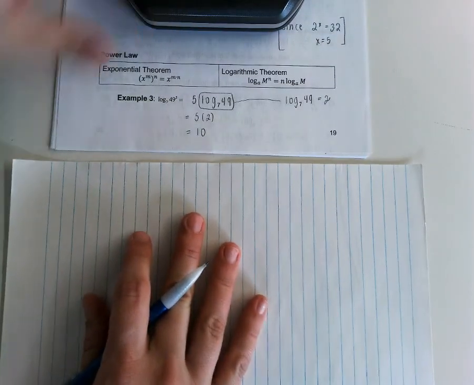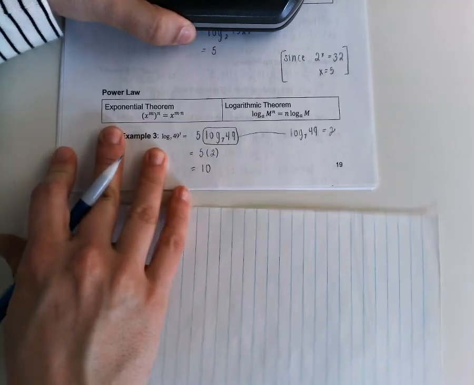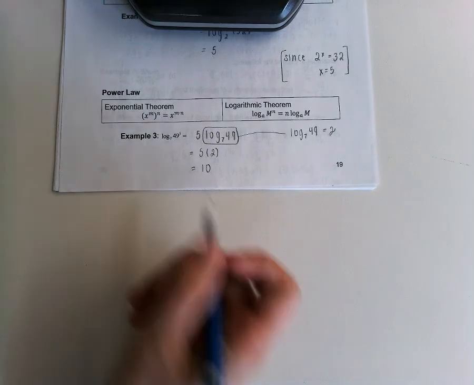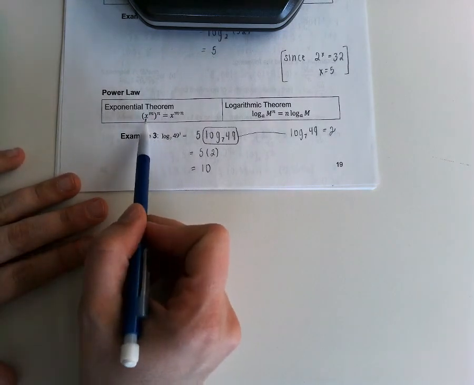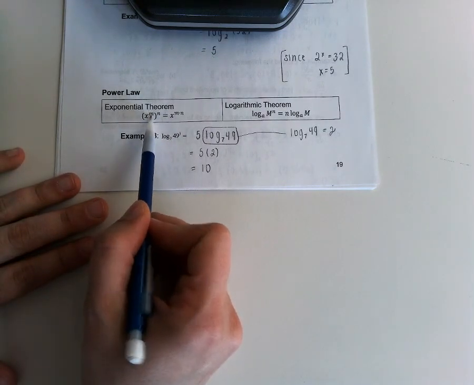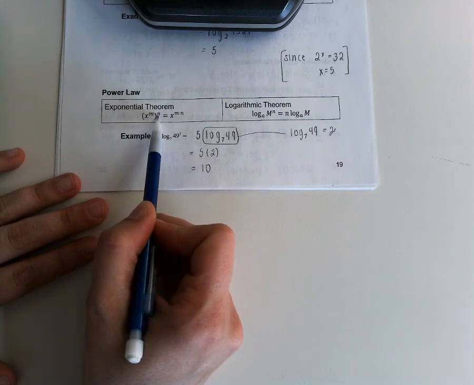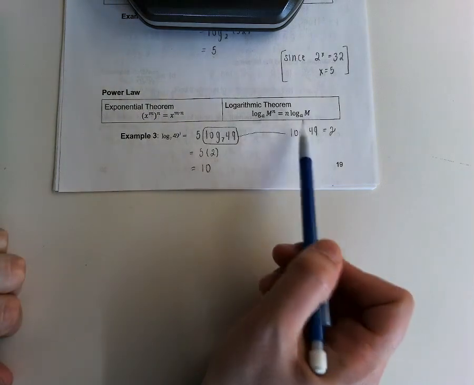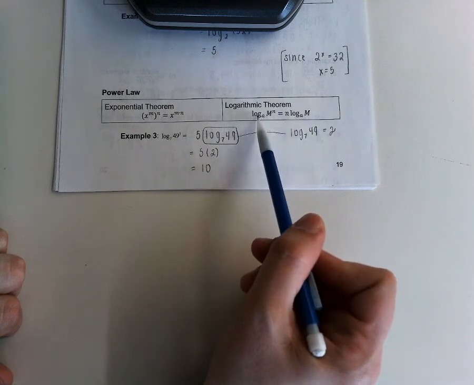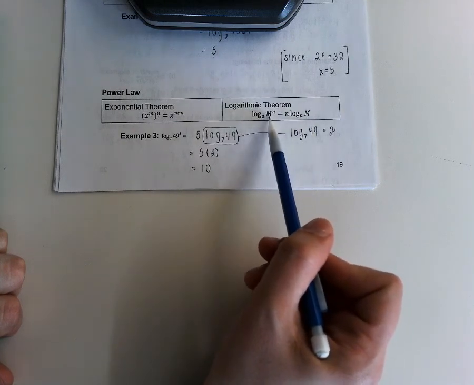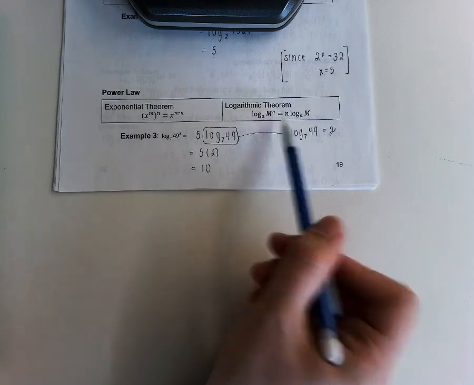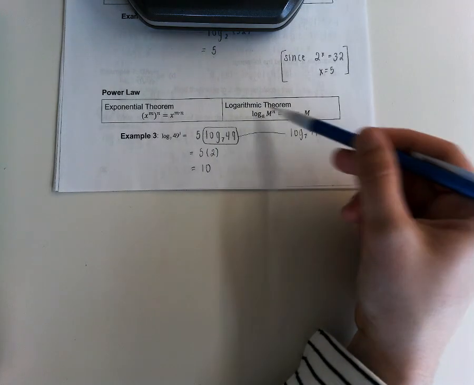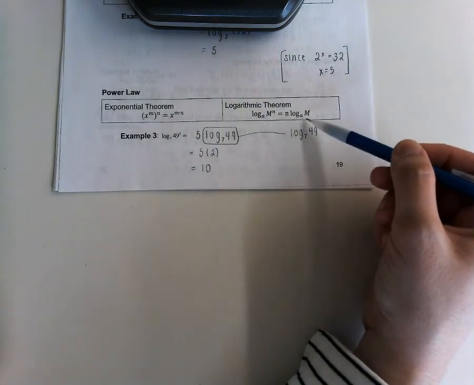And finally, we have the power law. In exponential functions, the power law states that if you have a base to a power raised to another power, we multiply those powers. That's similar here in that if we have log base a of m to the power of n, we can multiply n times log base a of m.